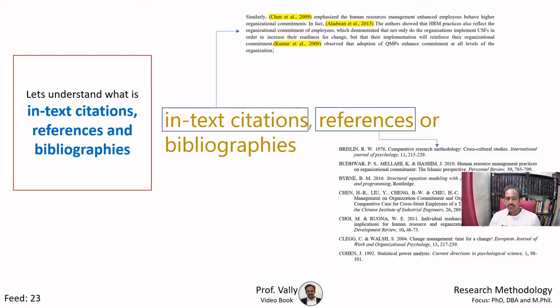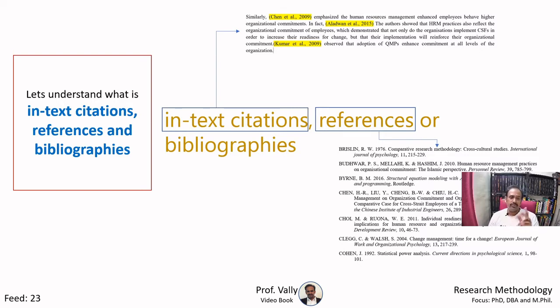Next we come to bibliography. Now you all should understand what a reference and a bibliography are. But one point: anybody doing a PhD or a research paper uses only the reference style. We don't use bibliography. Bibliography is something which is in your reference section, but it need not be in the text.